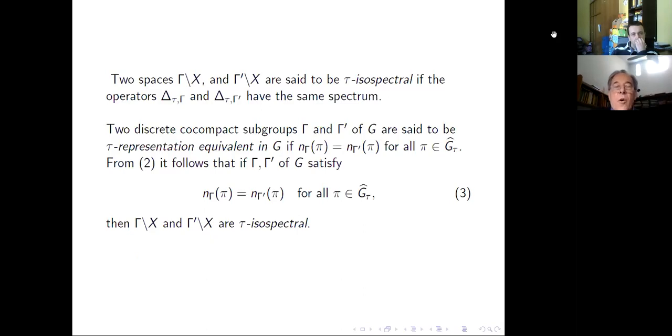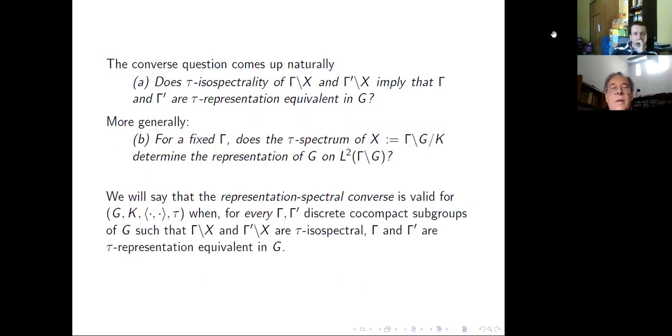So from the formula, we see that if the multiplicities coincide, then the manifolds will be tau isospectral. So the converse question is the topic of this talk.